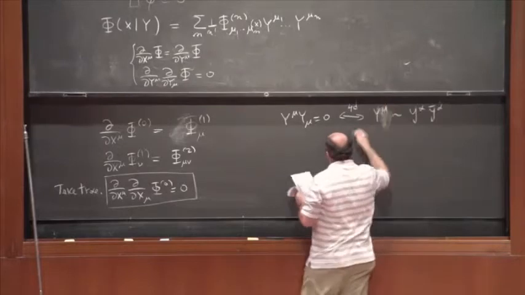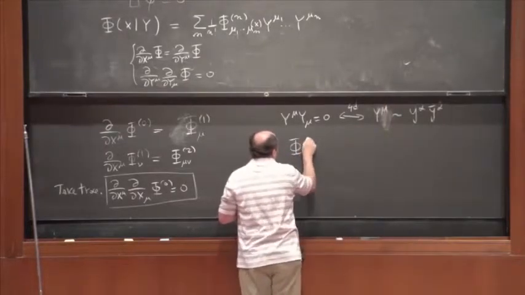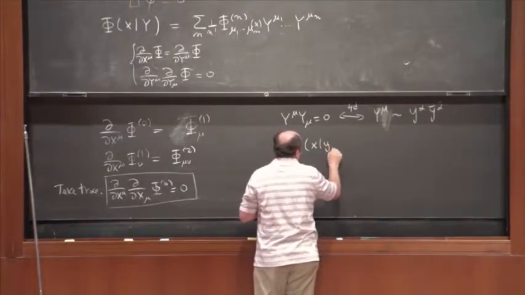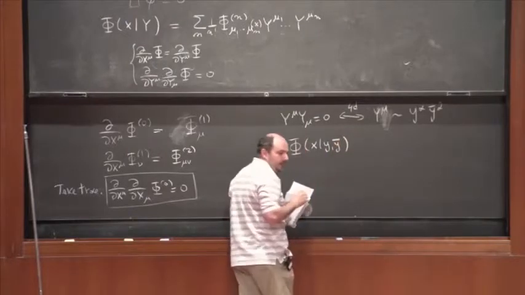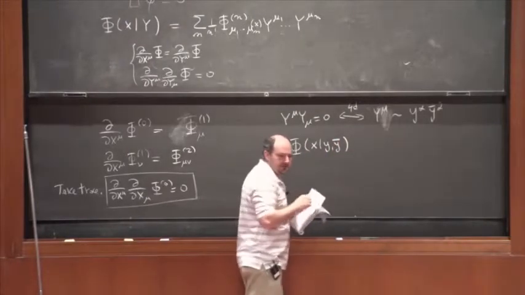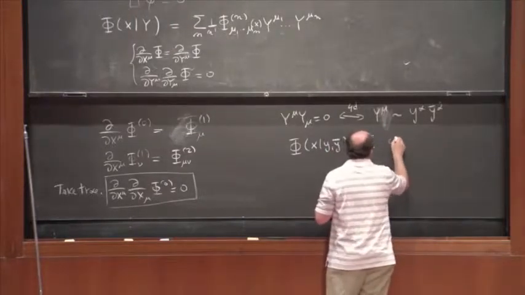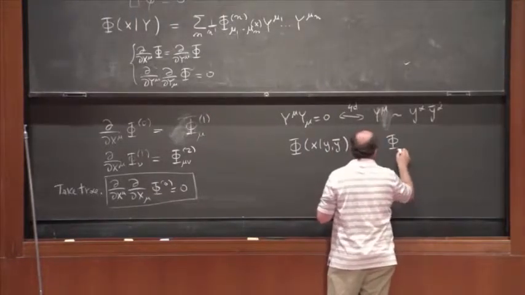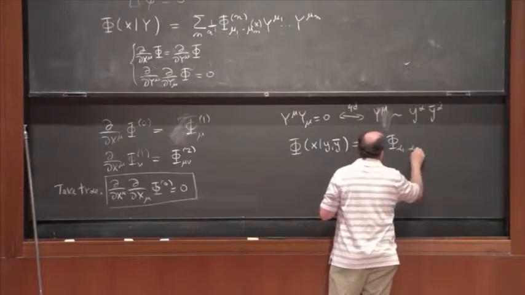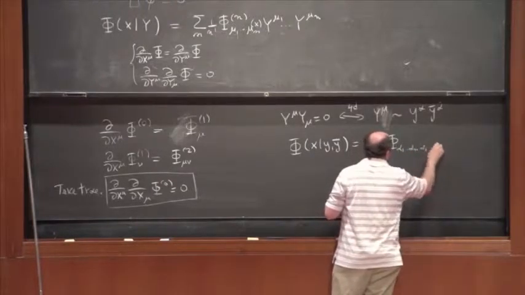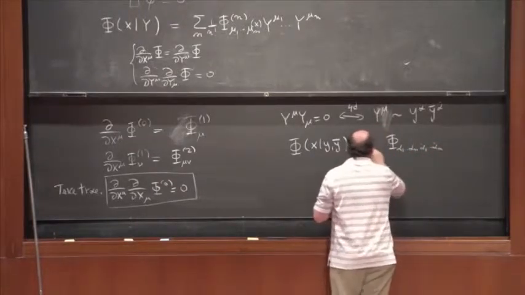And then we could just work with a master field that is a function of y and y bar, which is more similar to the Vasiliev construction that I was doing, where this says alpha 1, alpha n, alpha dot n, sum over n.